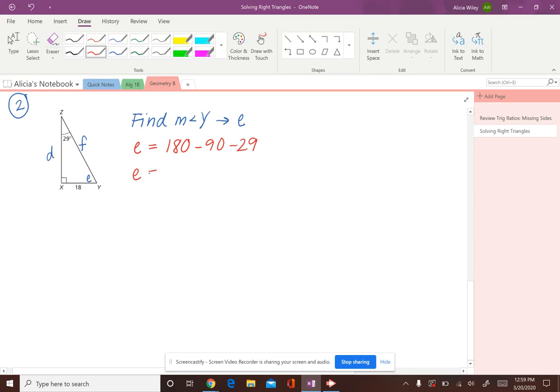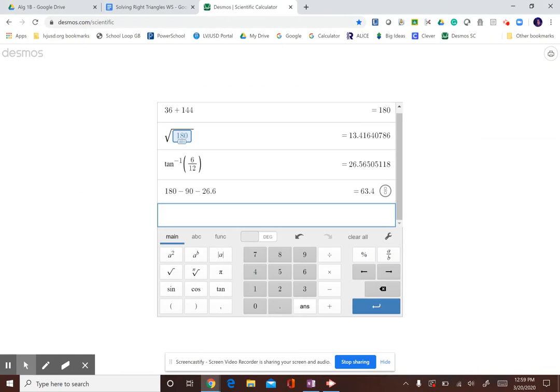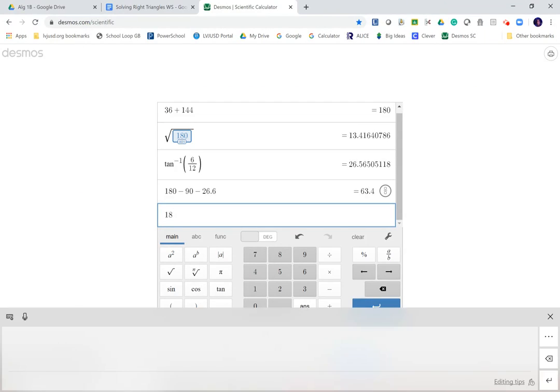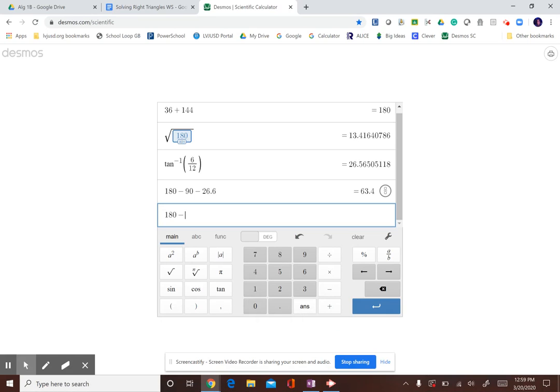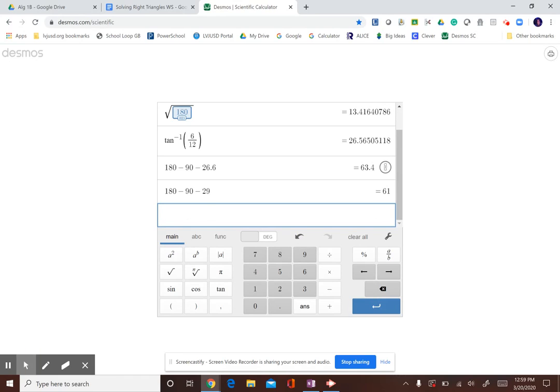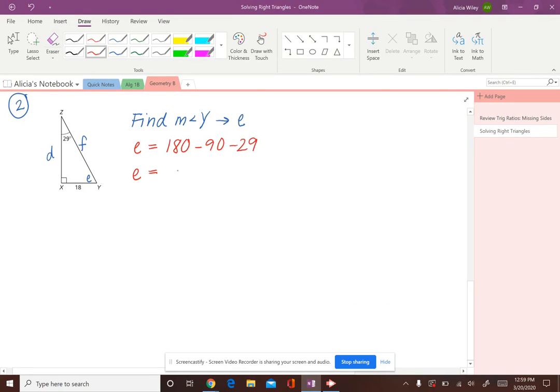That's going to give us our value for E, which is going to be the measure of angle Y. So you can go to your calculator and do 180 minus 90 minus 29 is 61. You could actually just do 90 minus 29. You'll get the same thing, but some people like to go through the whole entire thing. So that's 61 degrees. So that is the measure of angle Y.